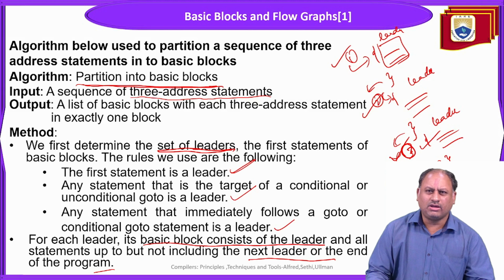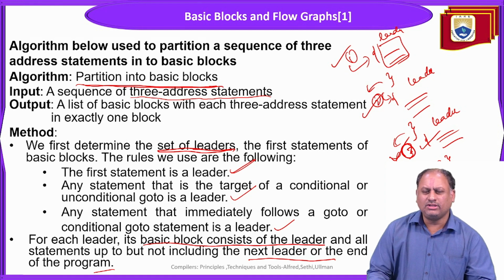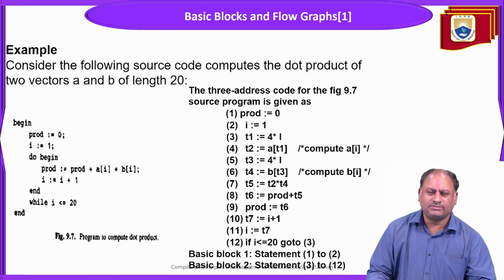A basic block consists of the leader and all the statements up to, but not including, the next leader or the end of the program. We give a set of three-address statements as input, and the main concept is leaders.